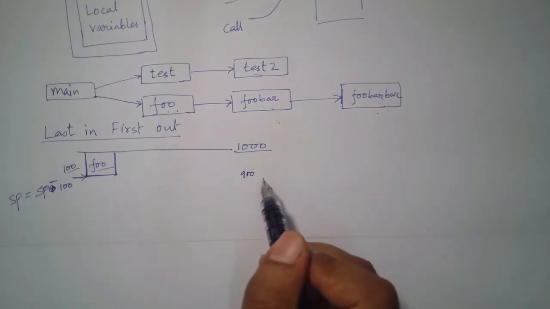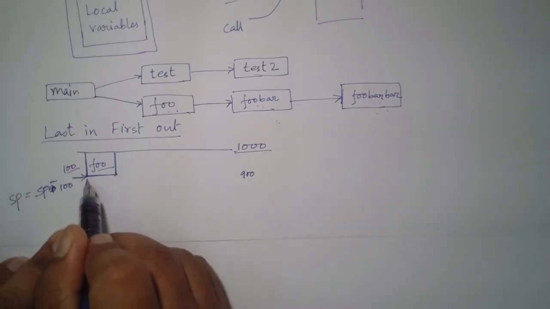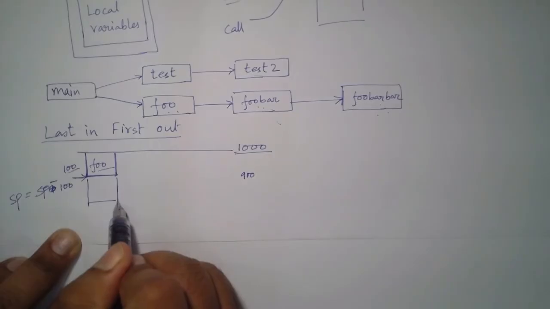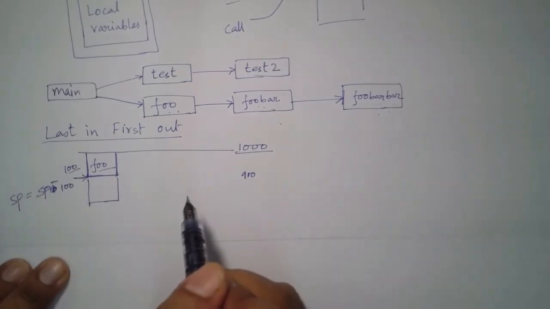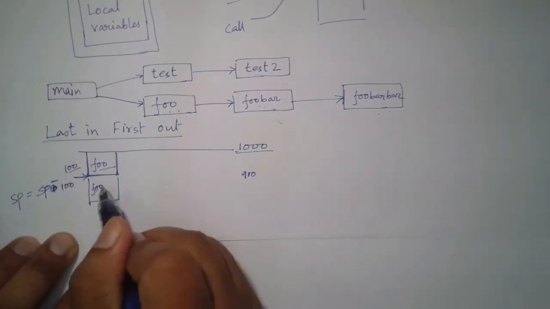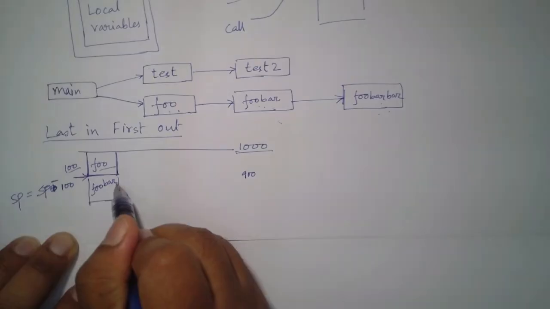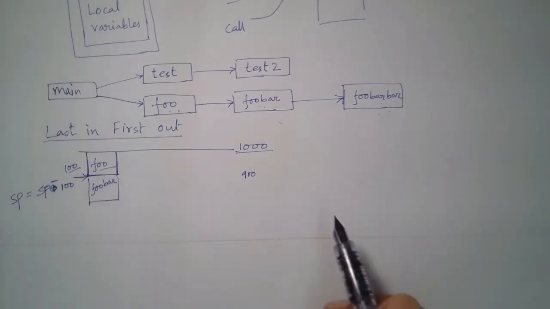So now if I want to allocate another activation block, I can just, from my current stack pointer, allocate, let us say, again 100 bytes, and I can say that okay, this is the activation block for foo bar. So I can ensure that there is no overlap.